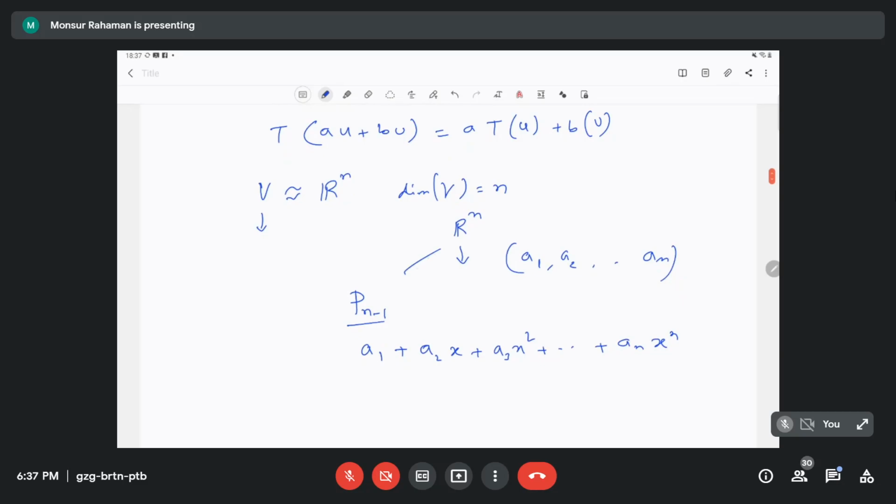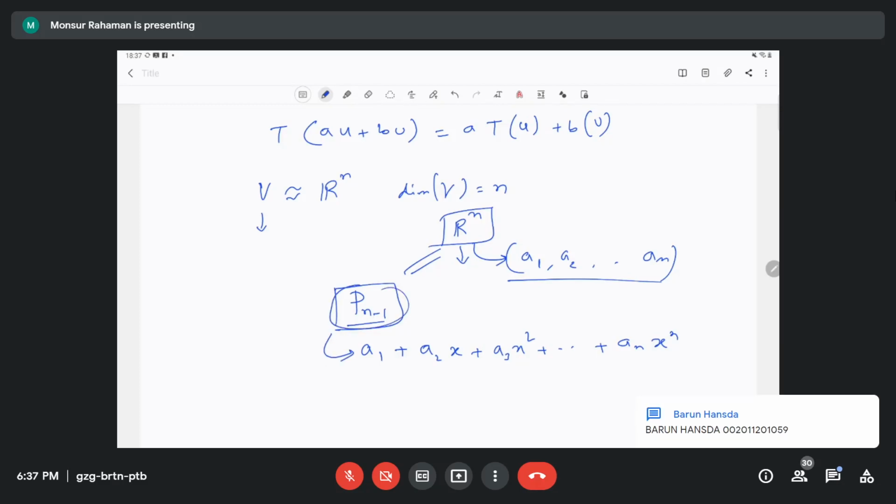Okay. So this is also an n-dimensional vector space. You read an element of Rn this way, and you read an element of Pn minus 1 in this way. So any other vector space also can be written in another way, but they are all the same.